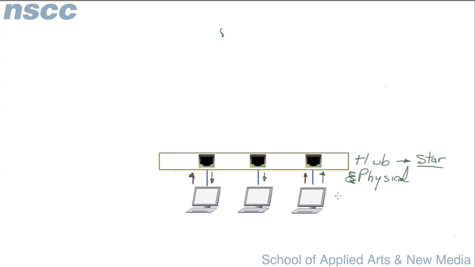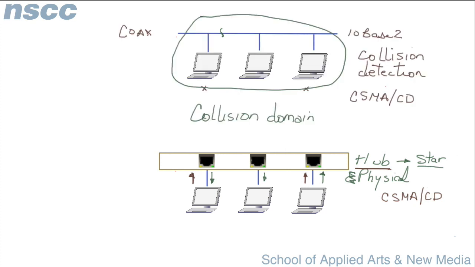So this system also used carrier sense, multiple access with collision detection. This is part of the Ethernet standard, and if we have a hub, this is the system that has to be used. So whether we have this early topology or whether we have a hub, we had the same thing.